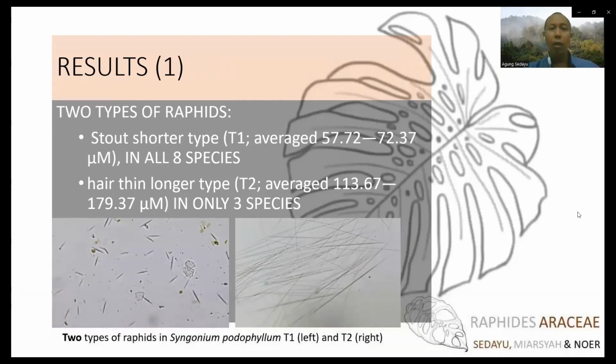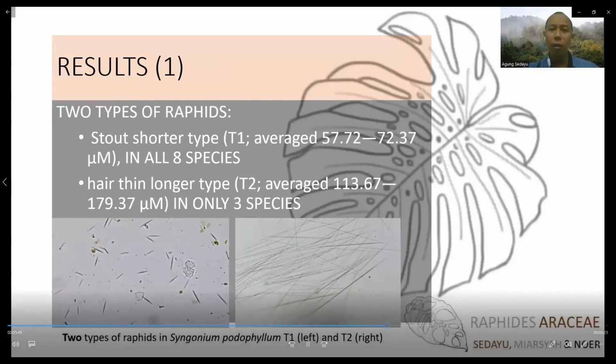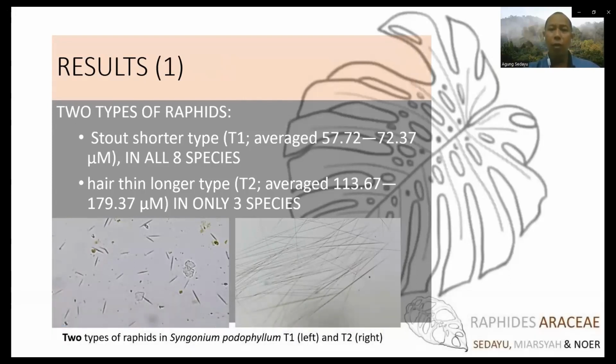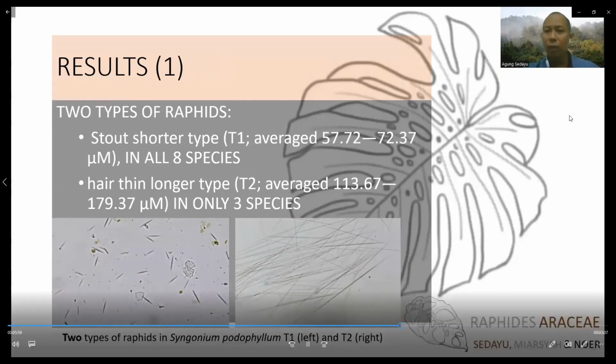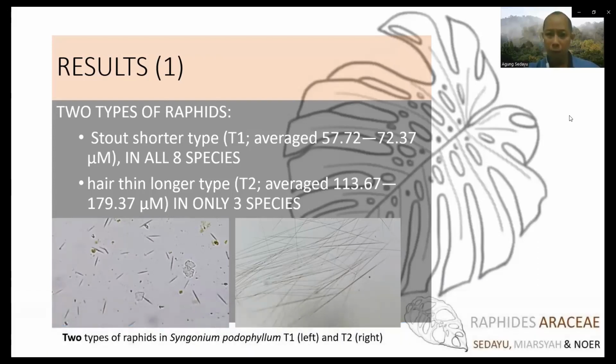In only 3 species, we also found, other than the stout shorter type T1, the T2, the thin and longer type raphids. The average size can be twice as much compared to T1, 113.77 to 179.37 micrometers, but only in these species.